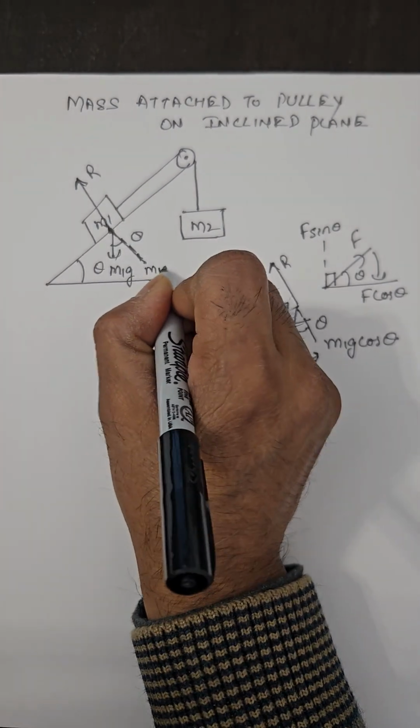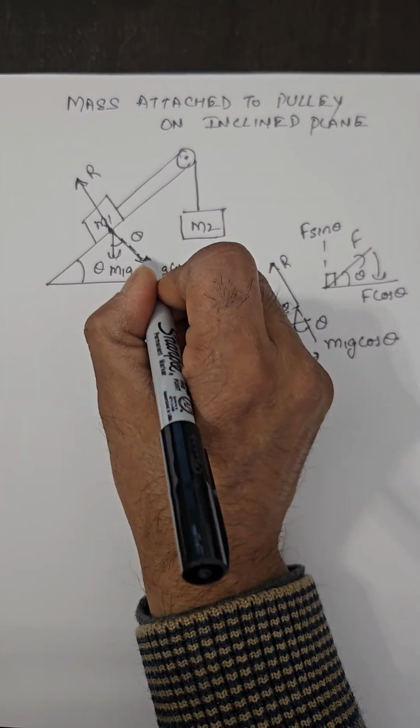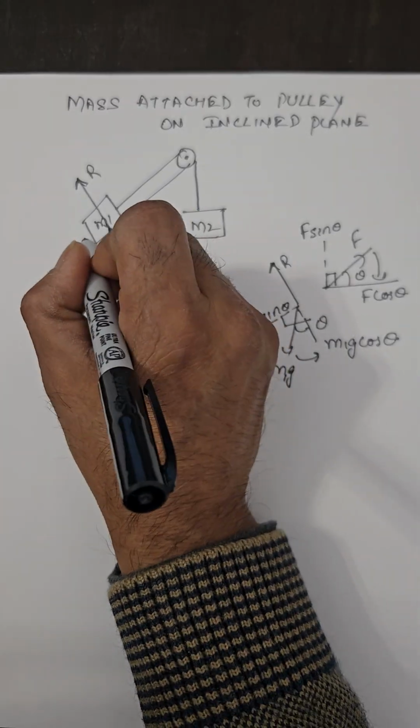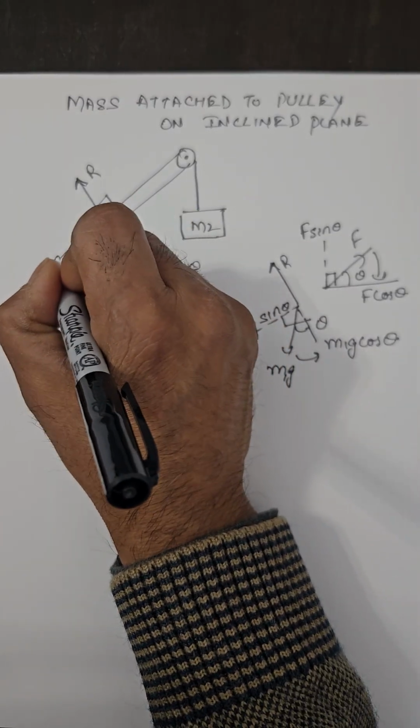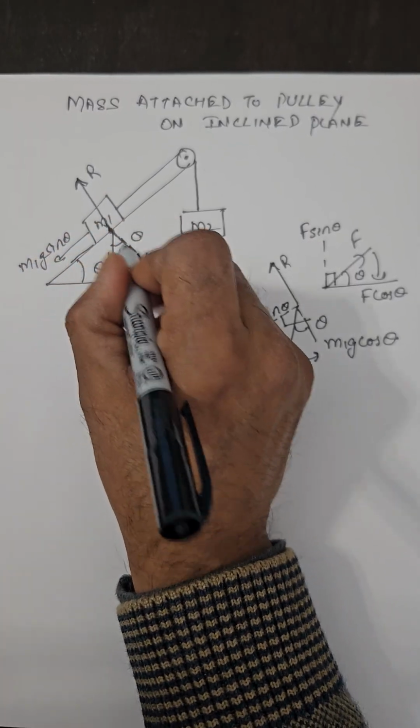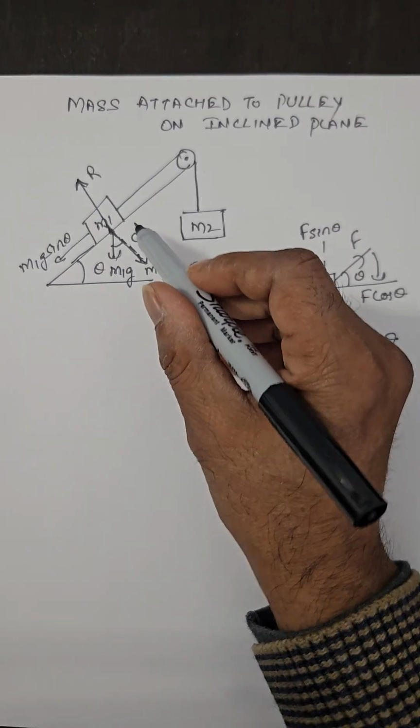So m1g cos theta will act downward parallel to the direction of R, and m1g sin theta will act 90 degrees to this force, right?